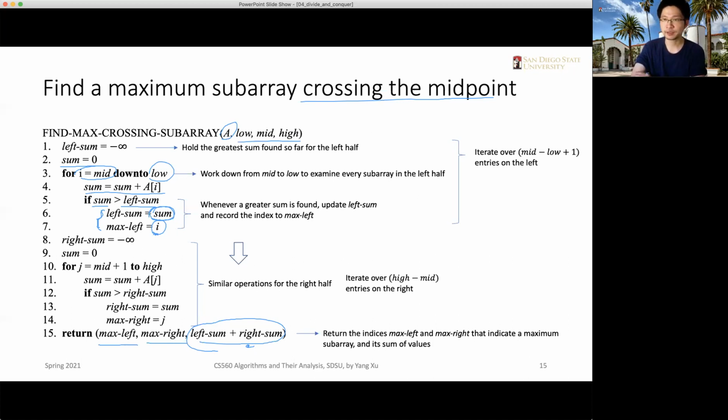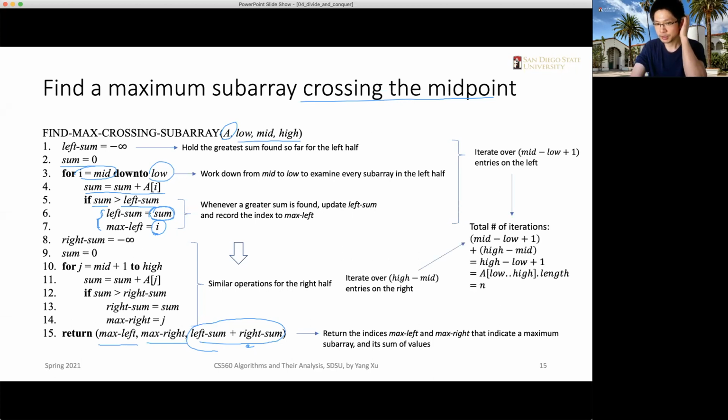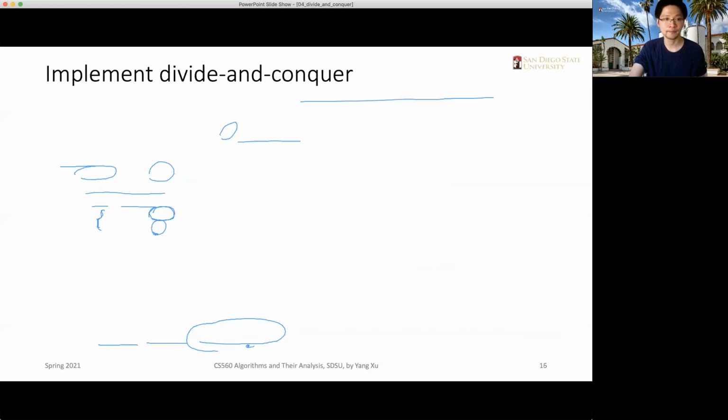It's also half the size of the original input. So the total number of iterations covers all the elements in the original array, which is the number n. It's two separate for loops that cover all the elements. So using big theta notation, we can claim that it takes big theta of n time.